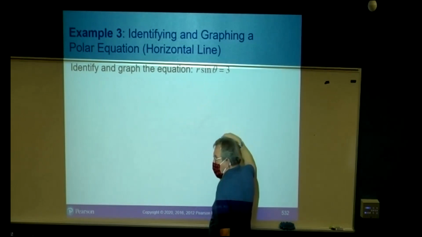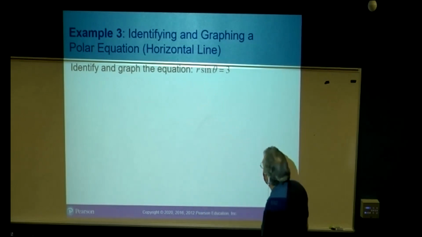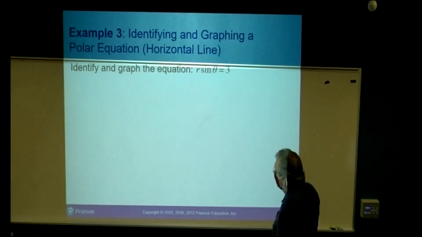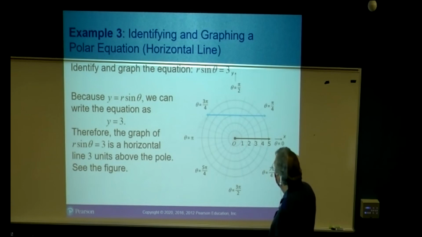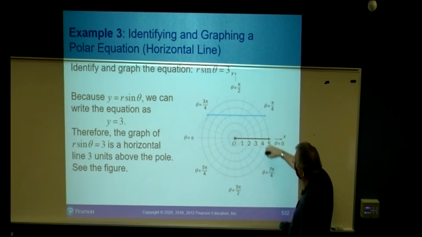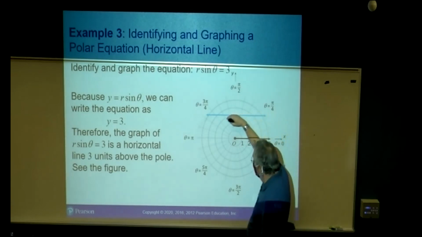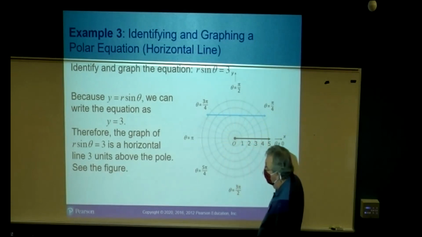It's going to be tangent to the circle r equals 3. So we have the horizontal line that is 3 units away from the pole, or along its entire length, it's 3 units away from the polar axis.